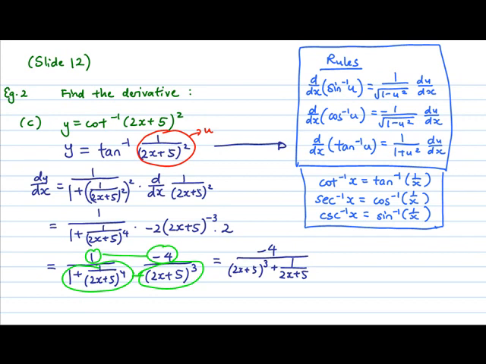So now I'm going to neaten this up a bit by multiplying top and bottom by 2x plus 5. So finally my answer is this.